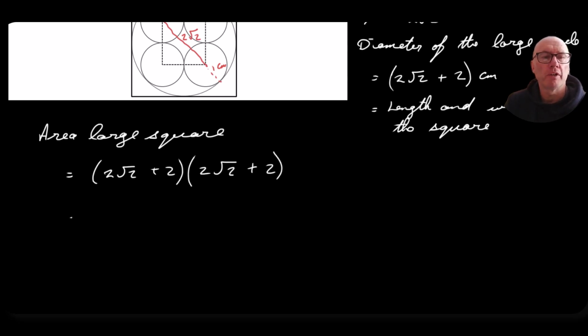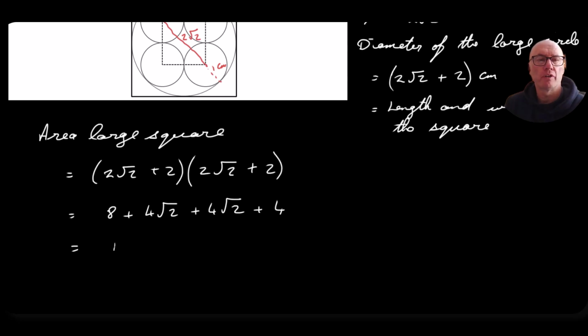So all I got to do is multiply all this out. Well, 2 root 2 times 2 root 2, 2 2s are 4, root 2 times root 2 is 2, 2 4s 8, plus 2 root 2 times 2 is 4 root 2, 2 times 2 root 2, 4 root 2, and 2 times 2, 4. So what I end up with is 8 plus 4, 12, 4 root 2 plus 4 root 2, 8 root 2.